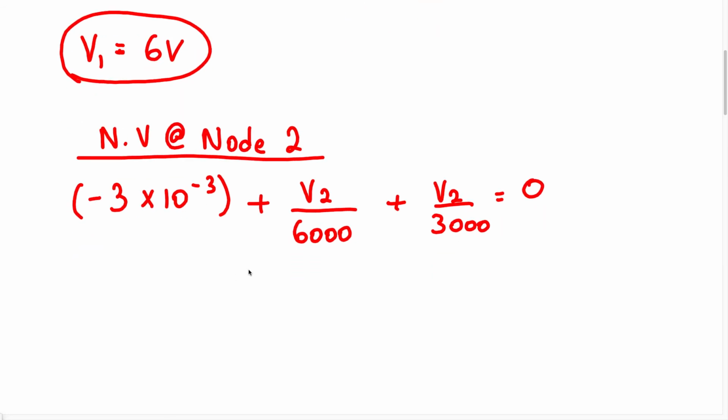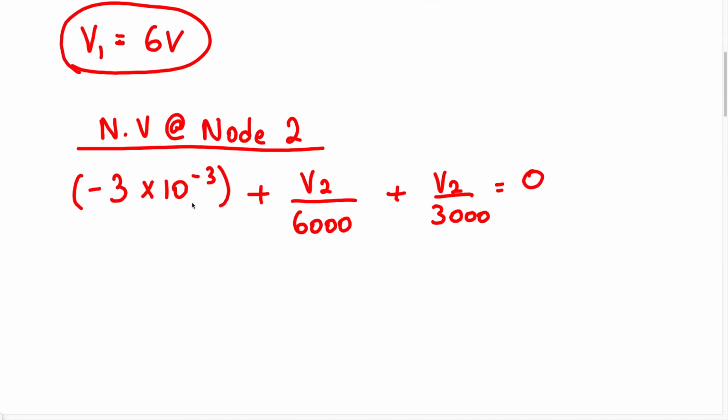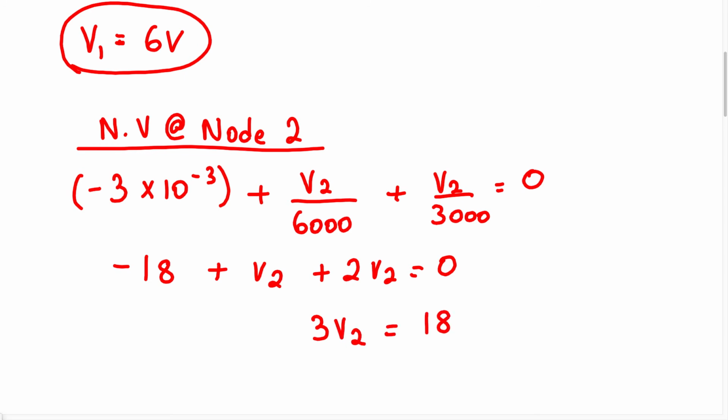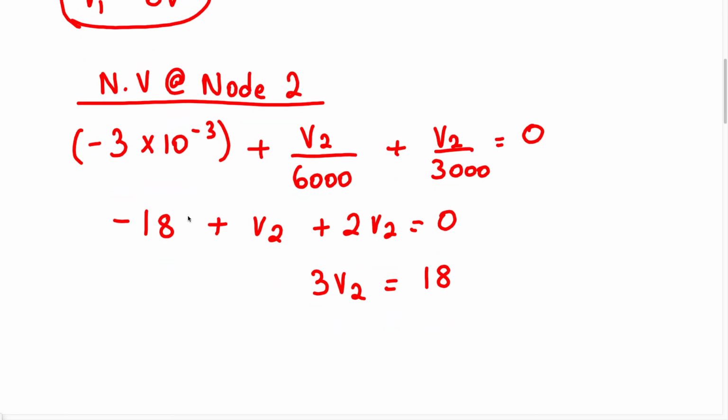So we're going to multiply each term by 6,000. This is going to give us negative 18 plus V2 plus 2V2 equals 0. When we simplify this, we're going to get 3V2 equals 18. Now we can solve for V2. We know V2 equals 6 volts.